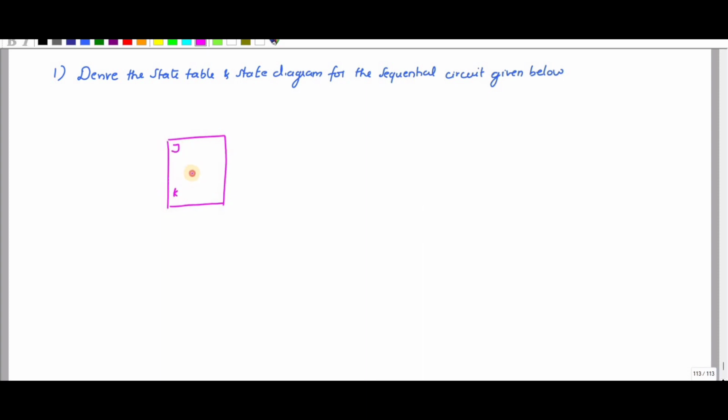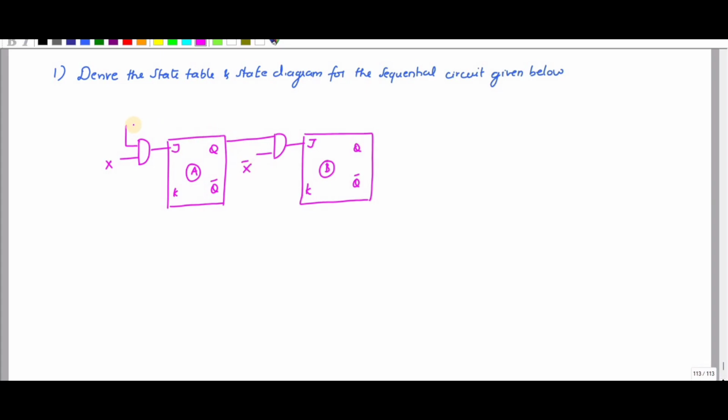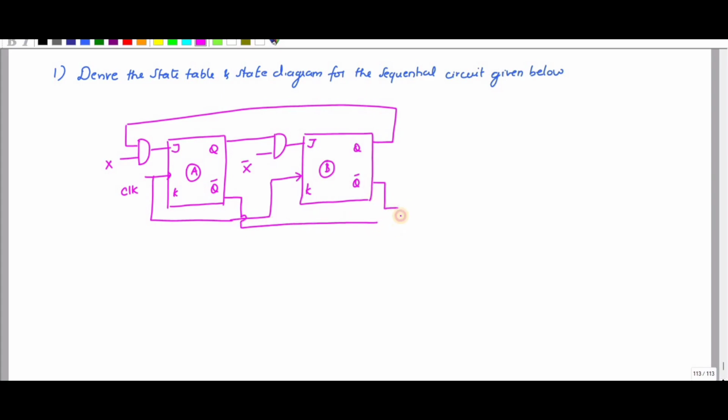So they have given two JK flip-flops. The values are X. Since the clock is common, I can tell it is a synchronous sequential circuit, and Y is your output.